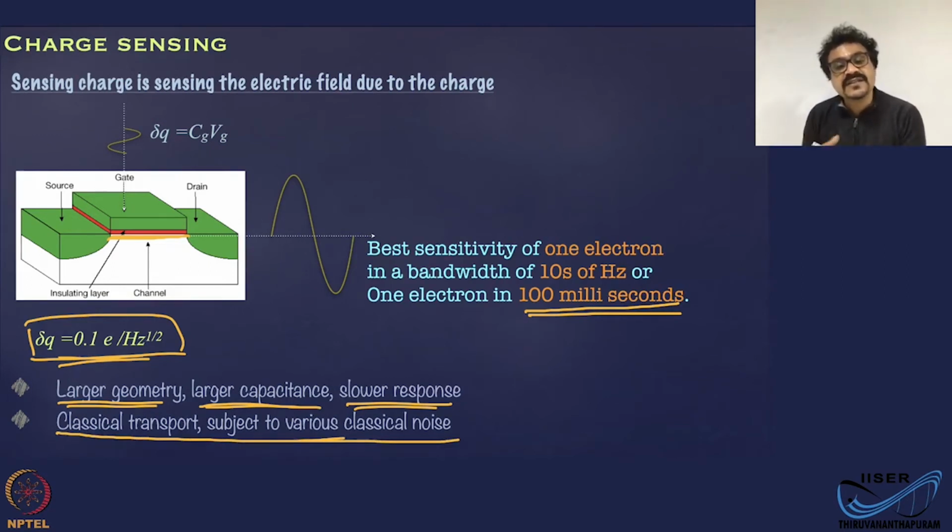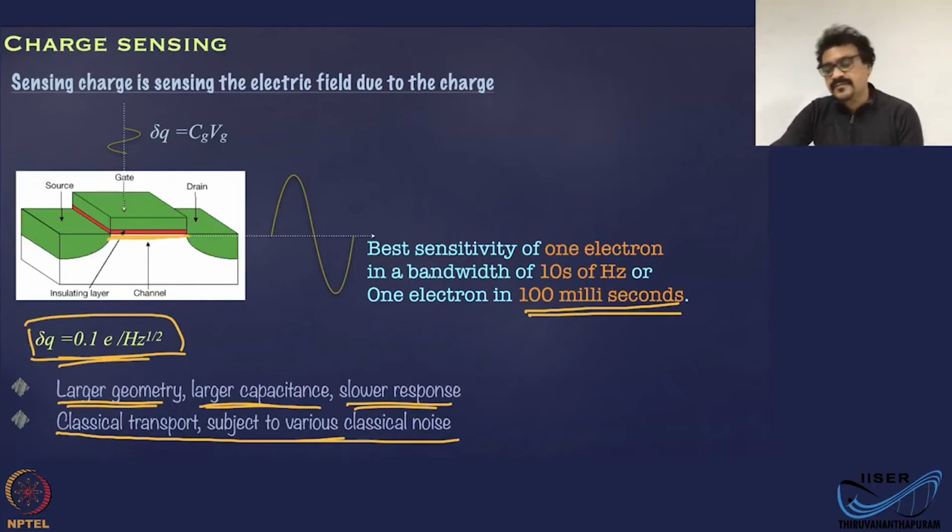They actually can disturb the transport in the system that you are trying to probe. So this is not a good option to do charge sensing in mesoscopic systems such as quantum dots.